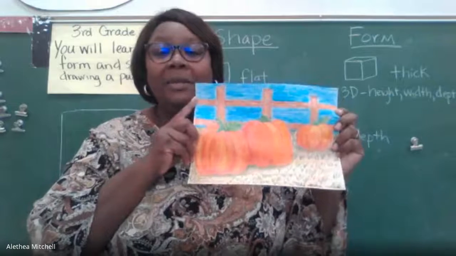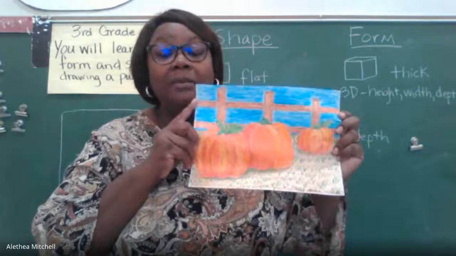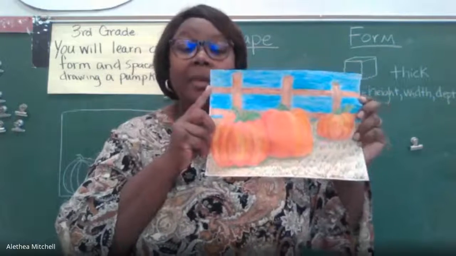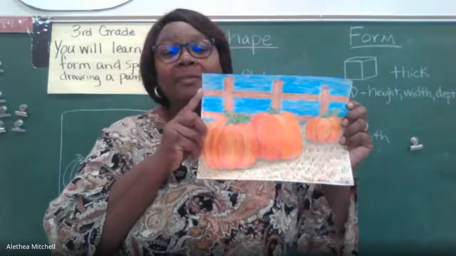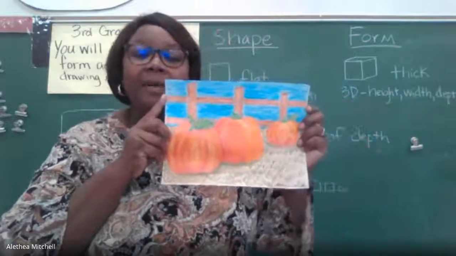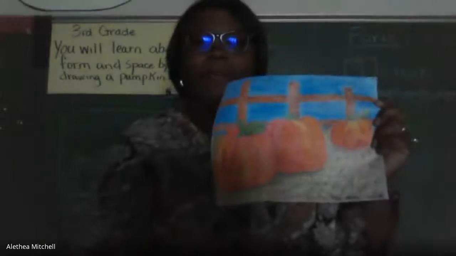Look at the template to give you an idea of what your pumpkin could look like. Use crayons or color pencils. I used color pencils for this example. The color pencils give me a little bit more control. Crayons, if that's what you have, please use it. And enjoy the process. Be patient with yourself in coloring in the spaces. And enjoy it. Thank you.